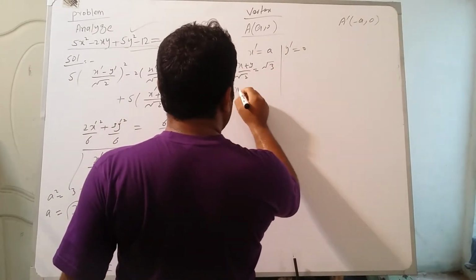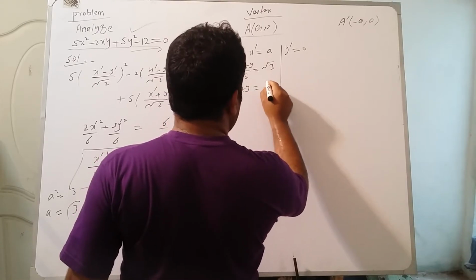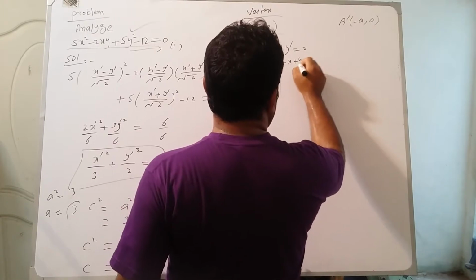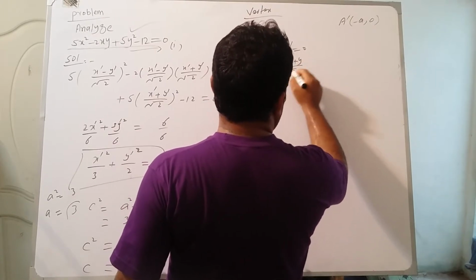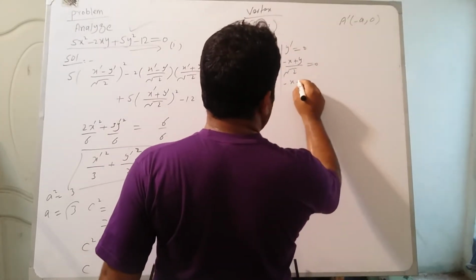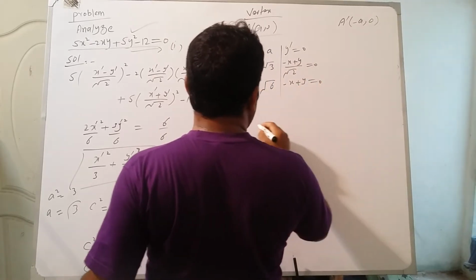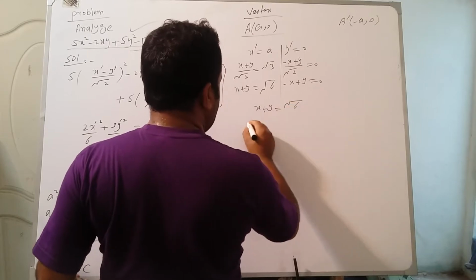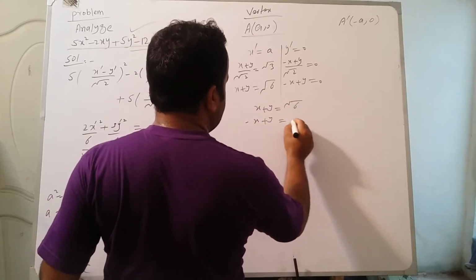So x plus y is equal to root 6. y dash: (minus x plus y) over root 2 is equal to 0. Minus x plus y is equal to 0. So x plus y is equal to root 6, minus x plus y is equal to 0.